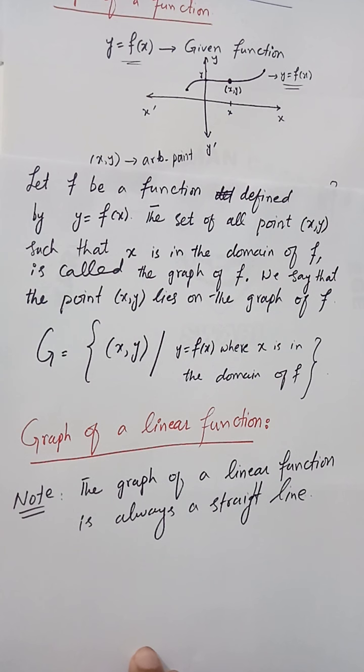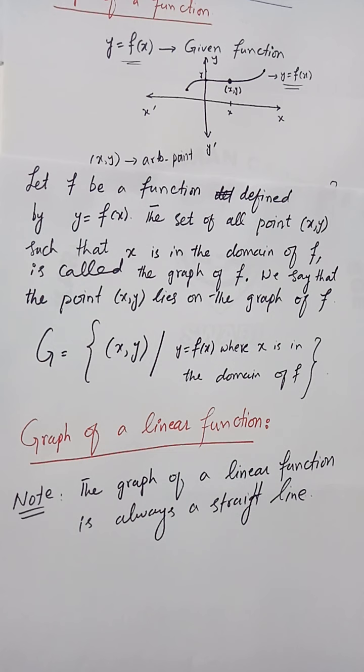A straight line. You know that a graph is actually composed of infinitely many points. So when you are constructing the graph of the given function, you need to plot those points in the xy plane, but the points are infinite. How can you draw all the infinite points? This is not possible.